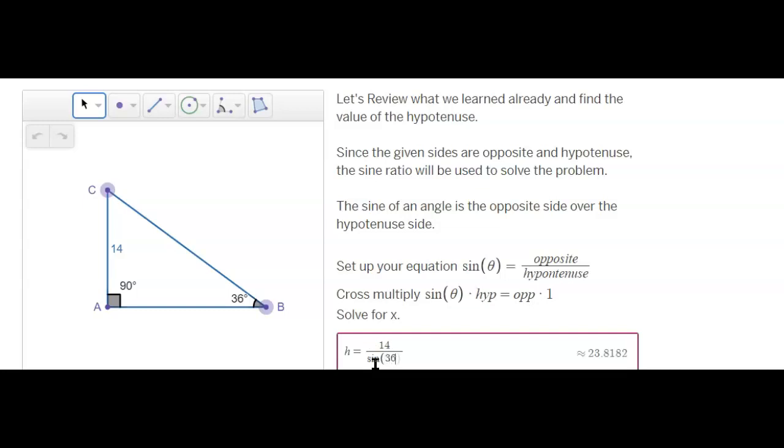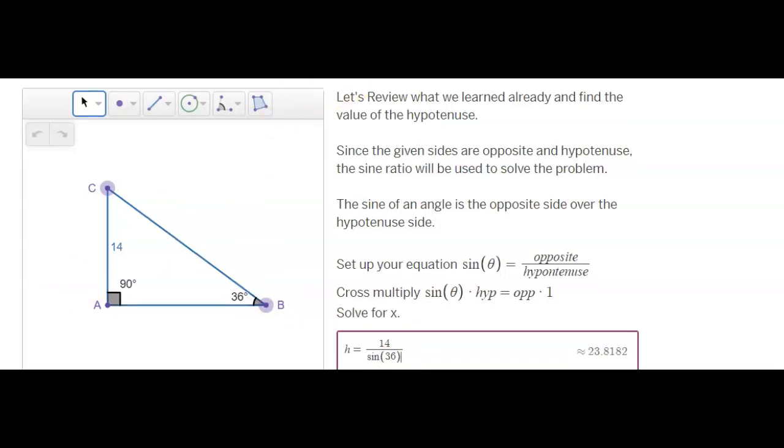I can go ahead and divide 14 by sine 36. That tells me that the measure of the hypotenuse is 23.8182.